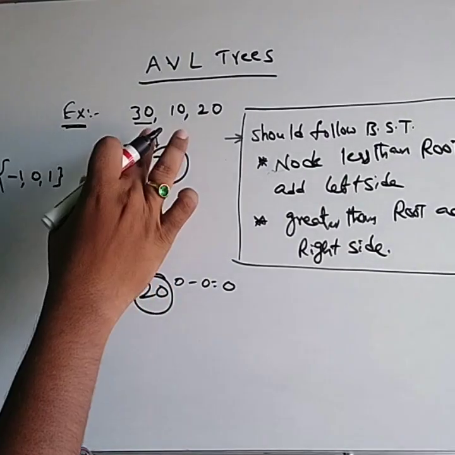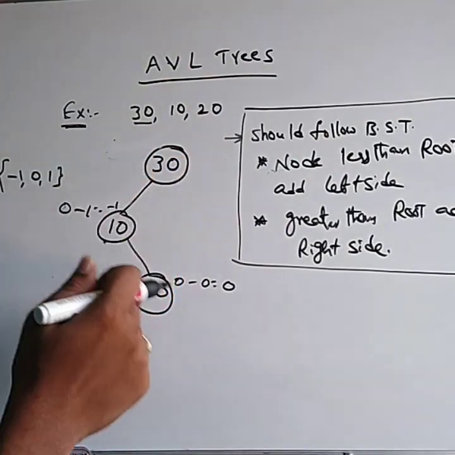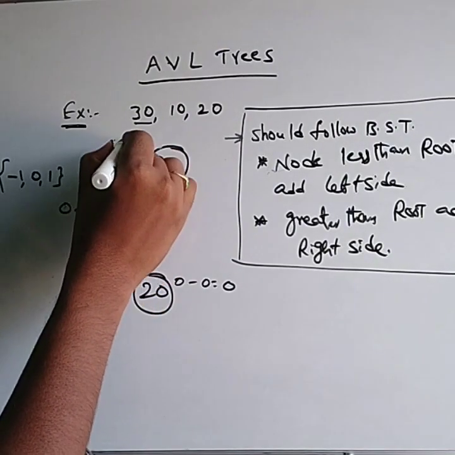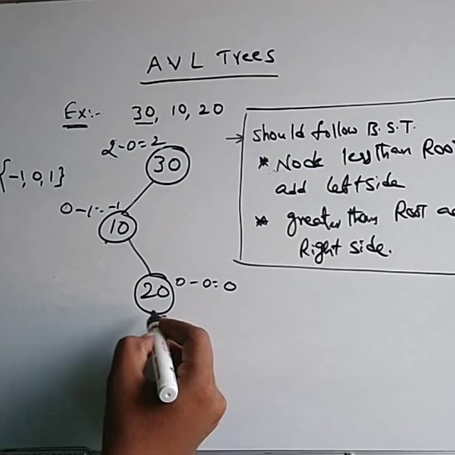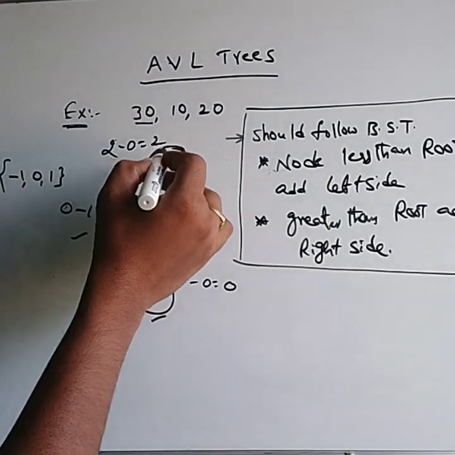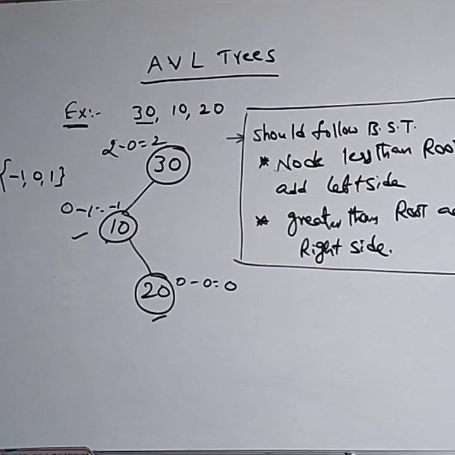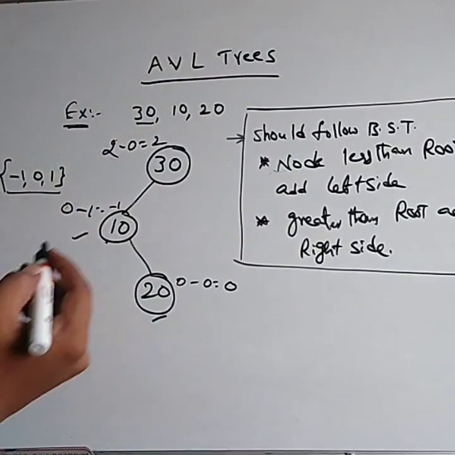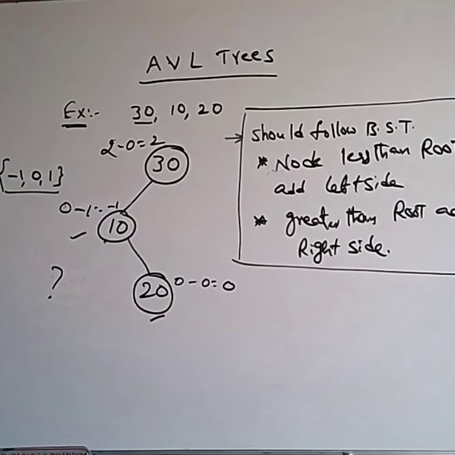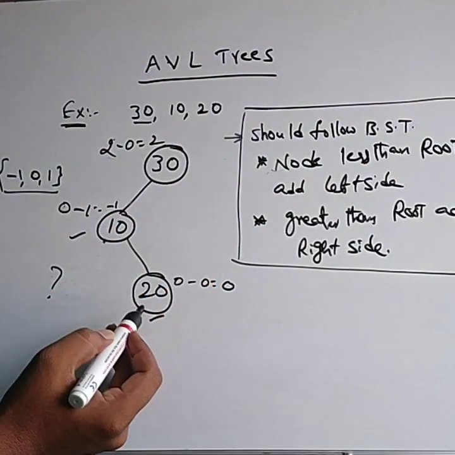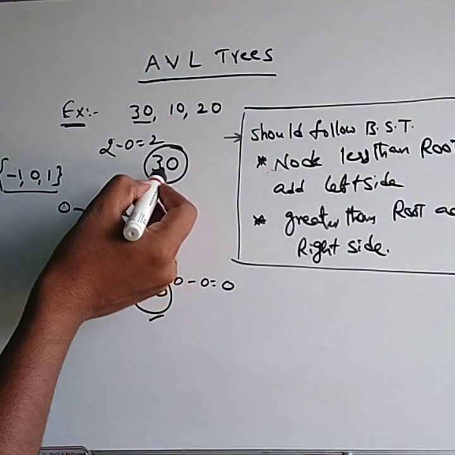Next, for 30, the left side has 2 nodes and the right side has no children, so that is 2. Now the root node is affected, the balance factor is beyond these limits, so we need to apply a rotation. The next question is which rotation we need to apply.